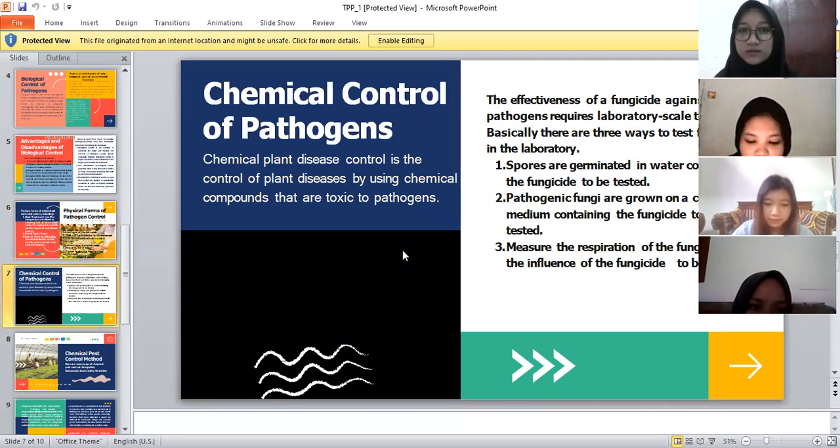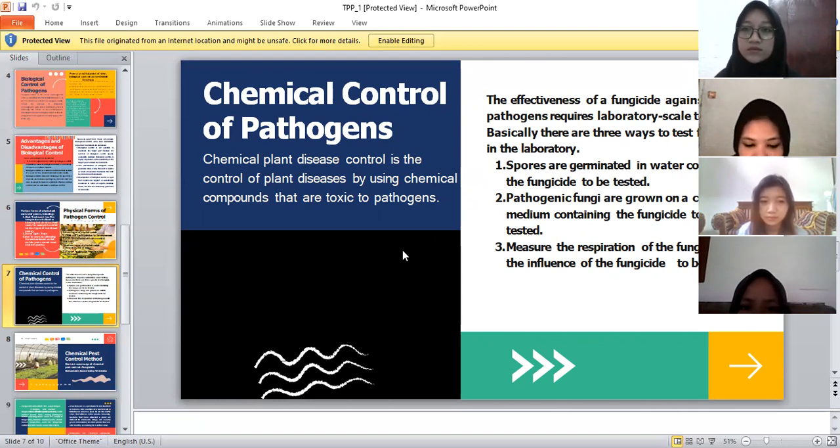Chemical control of pathogens. Chemical plant disease control is the control of plant disease by using chemical compounds that are toxic to pathogens. The effectiveness of fungicide against pathogens requires laboratory scale testing. Basically, there are 3 ways to test fungicide in the laboratory. 1.